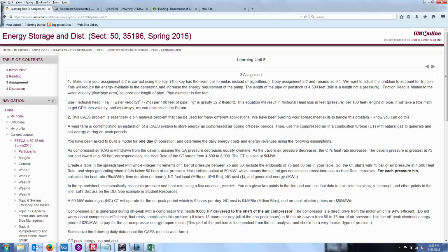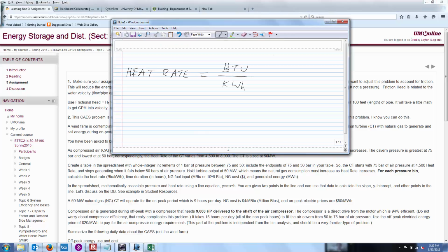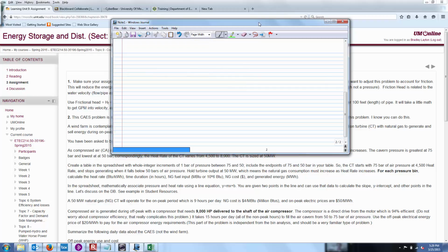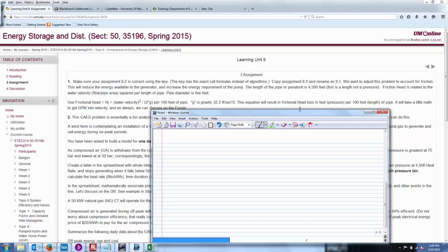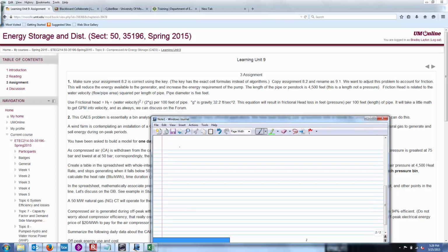Okay, so let's just look at that equation for a little bit. Head sub friction. Well, you can't see what I'm doing, but if you want to see, you just come over here.